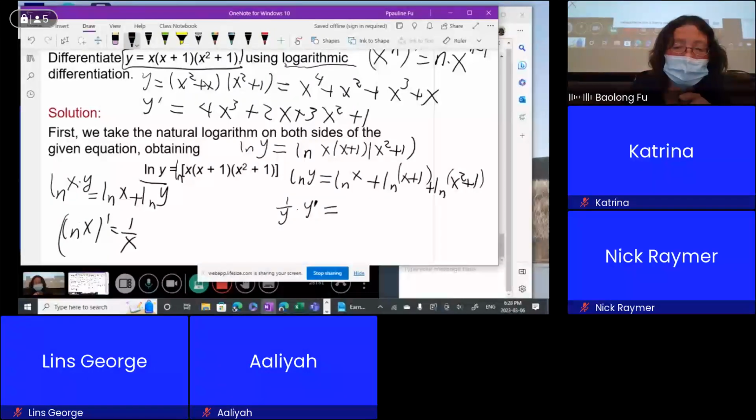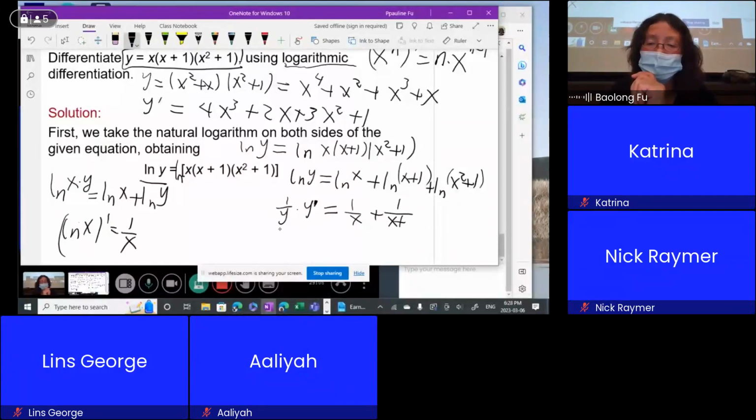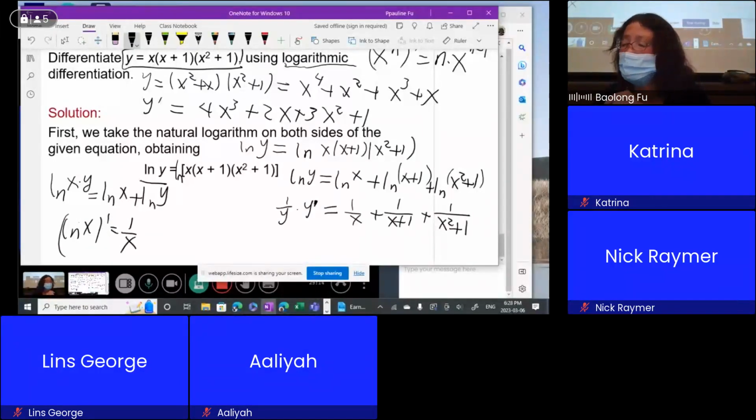But since y is a function of x, you need to use the chain rule on the left-hand side. Right-hand side, take derivative with respect to x. You get 1 over x, plus 1 over x plus 1, plus 1 over x squared plus 1. The last item, you have to use the chain rule.